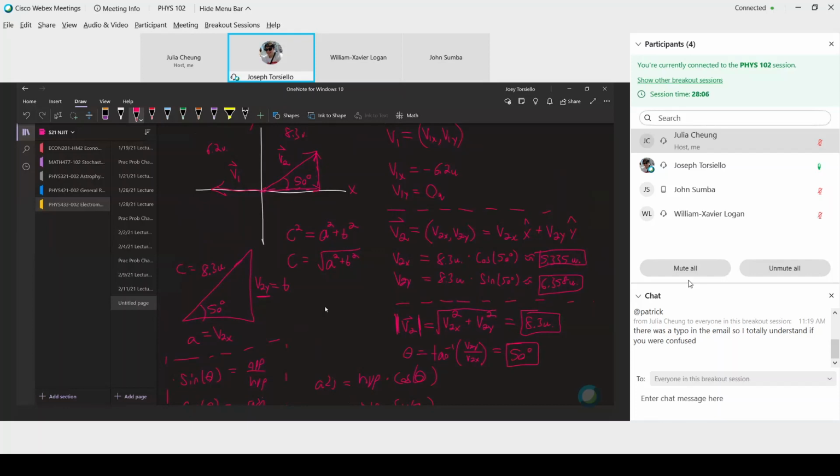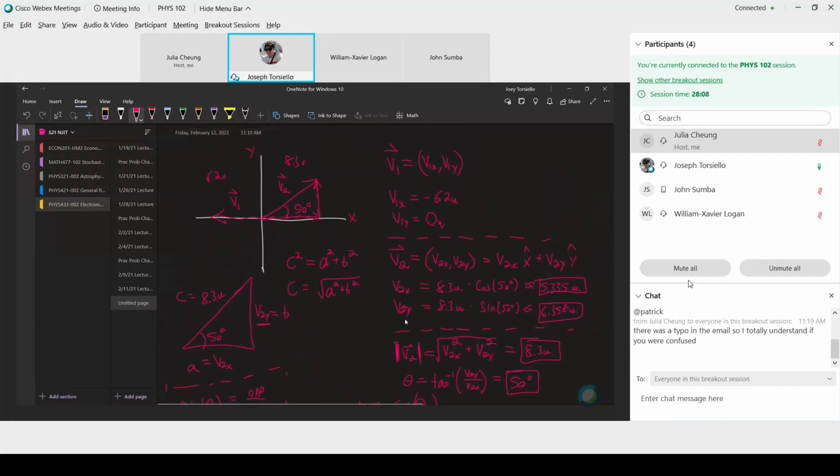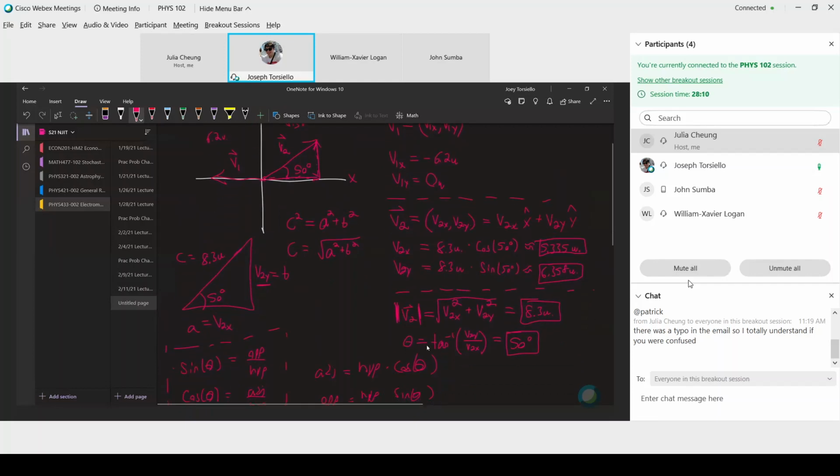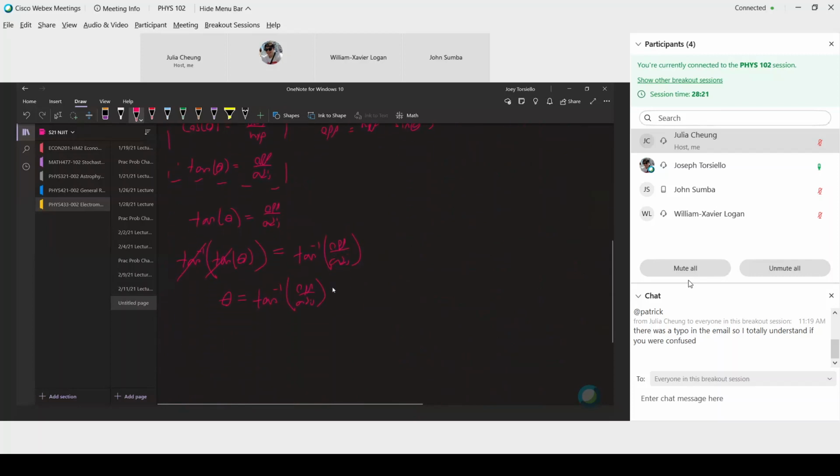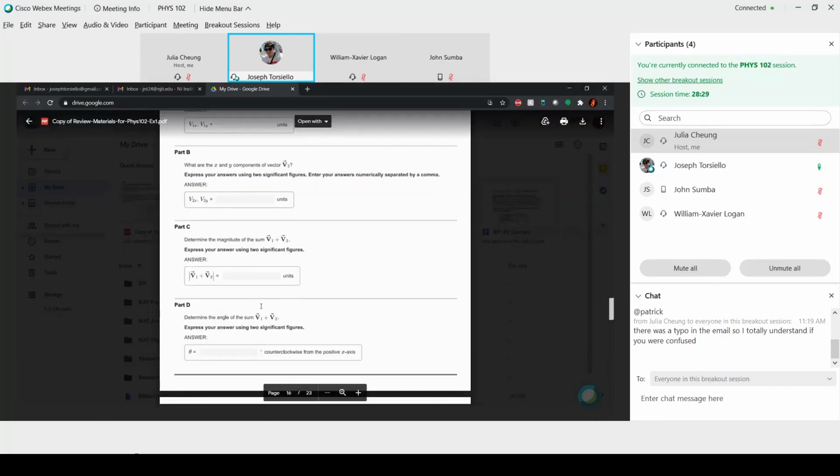All right, so far we know how to find the components, and we know how to find the length and the angle if we were given the components. Yeah, I guess we kind of dragged this problem out for a bit longer. We should work on a new one.